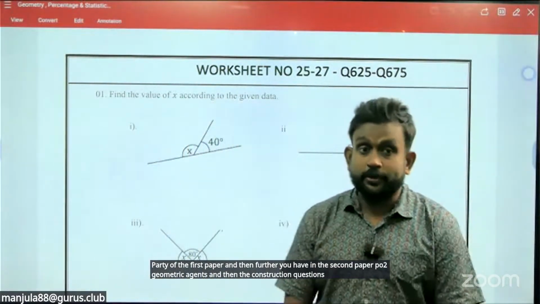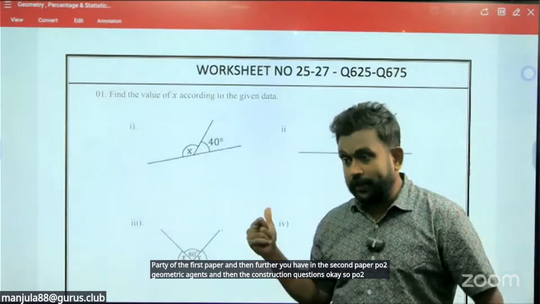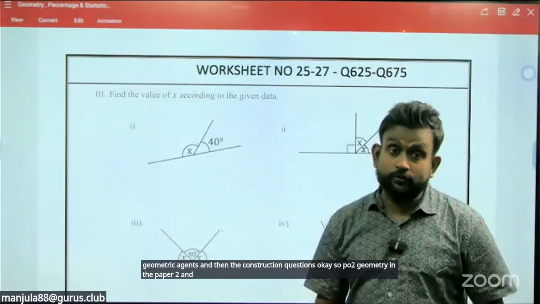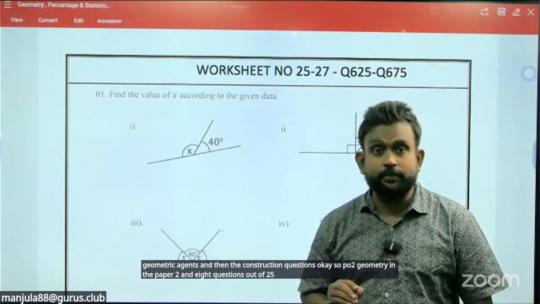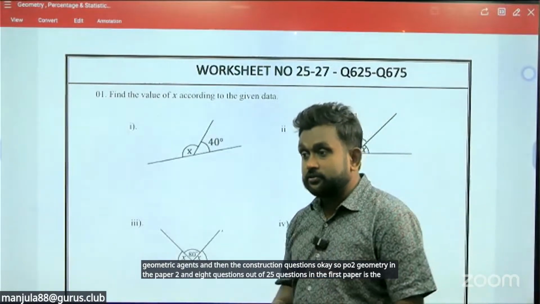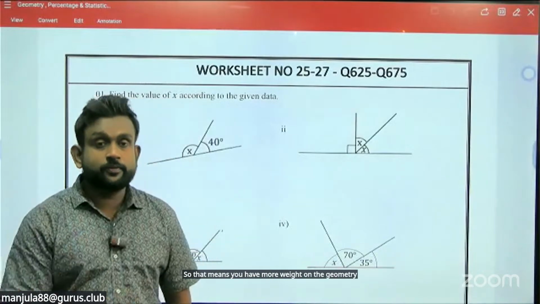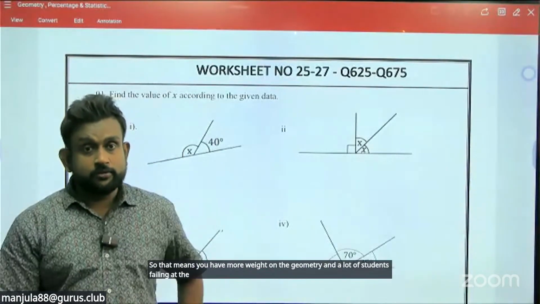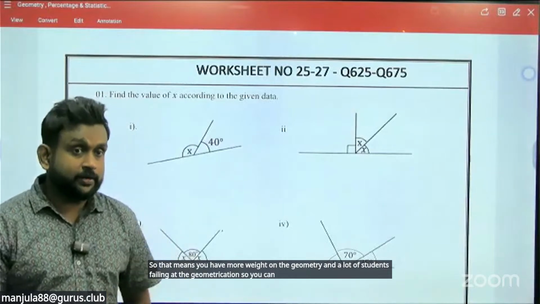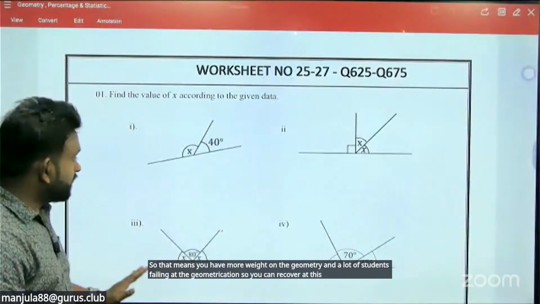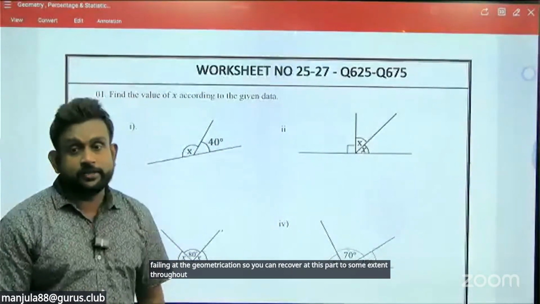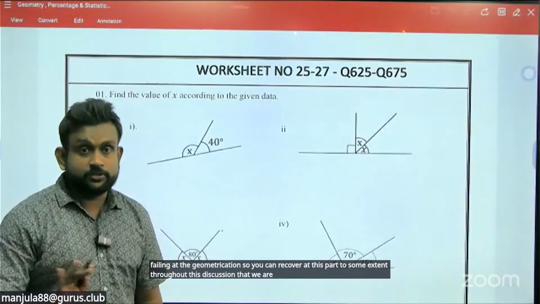So 8 questions out of 25 in the first paper are geometric questions. That means geometry carries more weight, and a lot of students fail at geometry. You can recover this part to some extent throughout this discussion that we are going to start now.